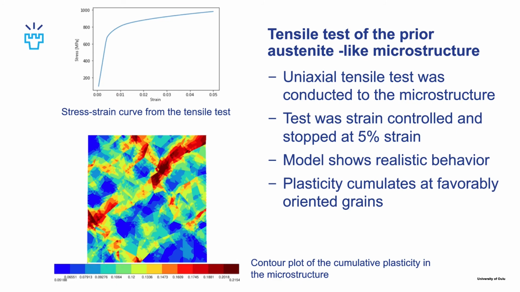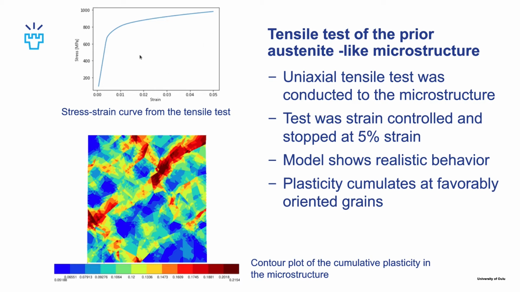And then we get into the results. Here we can see the tensile test results for the 100 grain prior austenite-like microstructure. Here is the stress strain curve. It looks like a very typical stress strain curve. It yields at about 700 megapascal, and the test was done to 5% strain. And here we can see that the curve doesn't turn downwards because there is no damage included in the model.